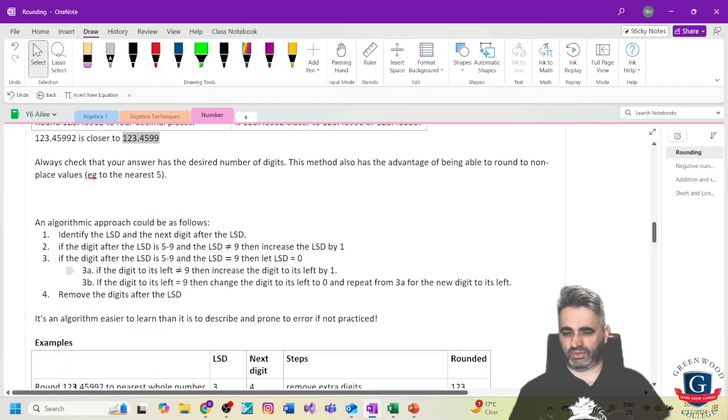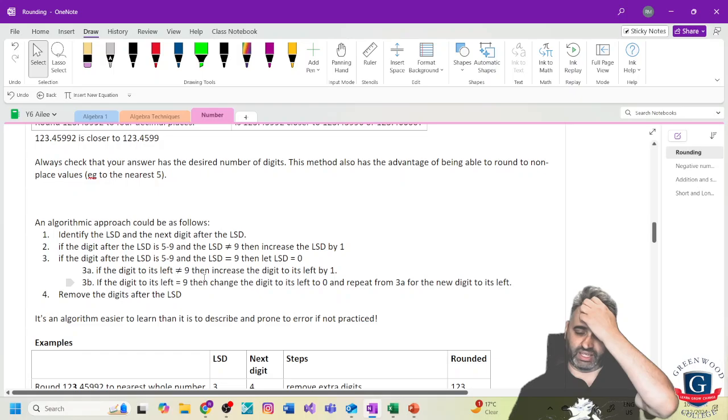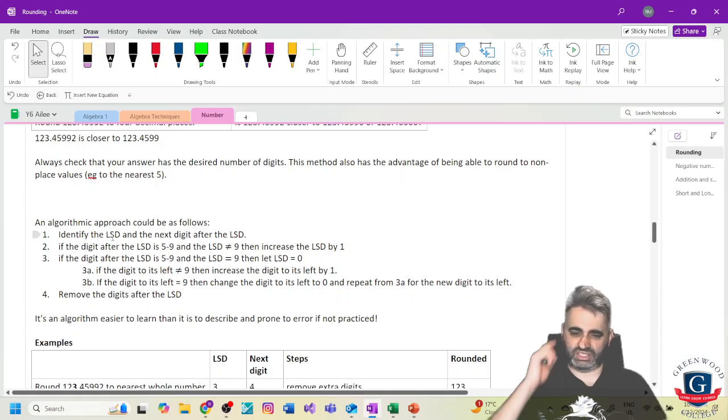So we just used this algorithm, but let's write it formally and then forget about it. If we were going to round a number, we'll first identify the least significant digit and the next digit after the least significant digit. If the digit after the least significant digit is 5 to 9 and the least significant digit is not 9, then increase the least significant digit by 1.